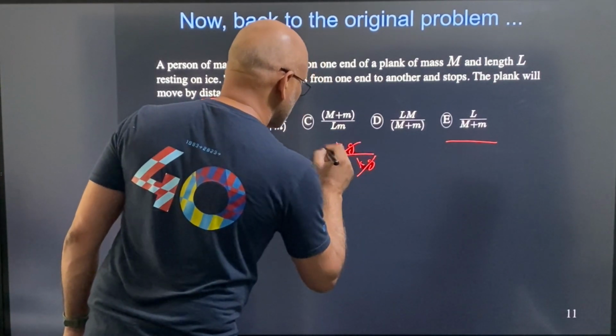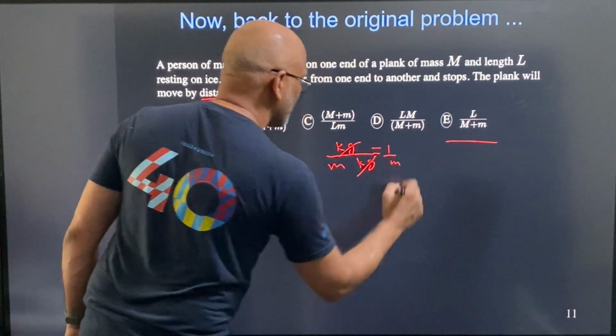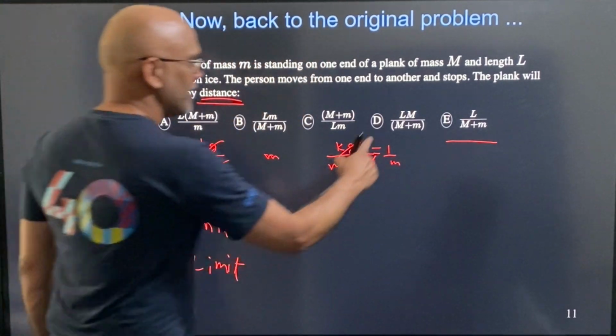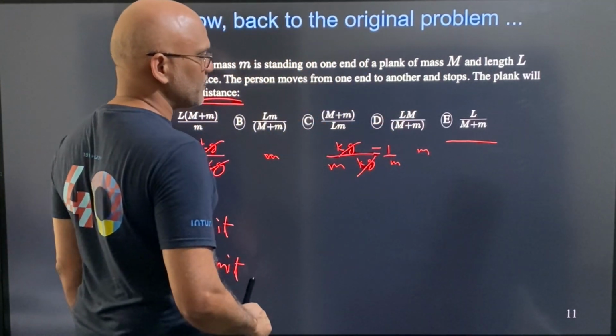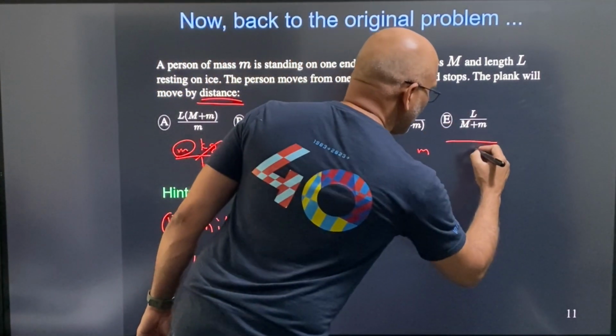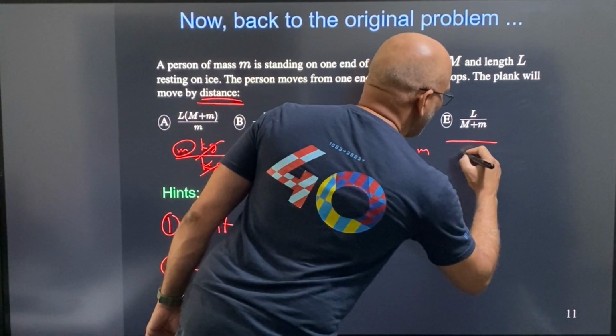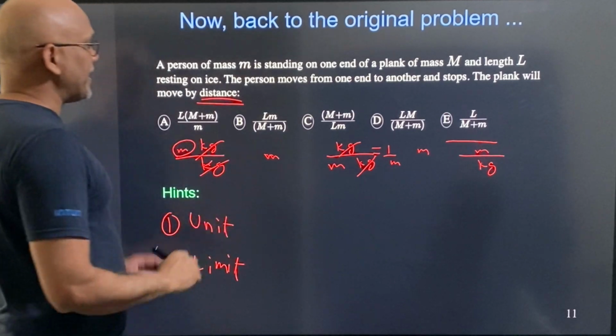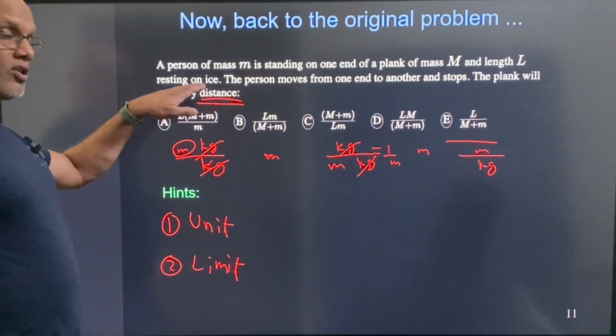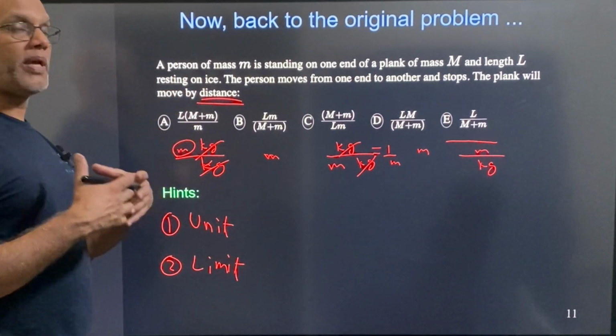Kg cancels. So this is going to be in 1 over meter, right? Here it is going to be in meter. Here it is going to be meter on the top, and then kg on the bottom, meter by kg.